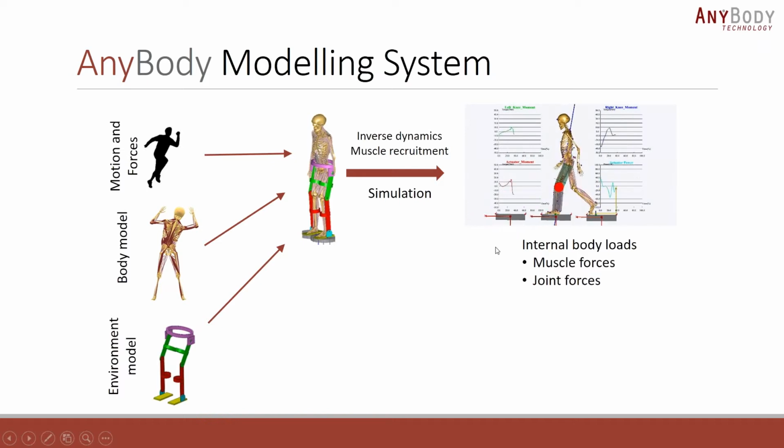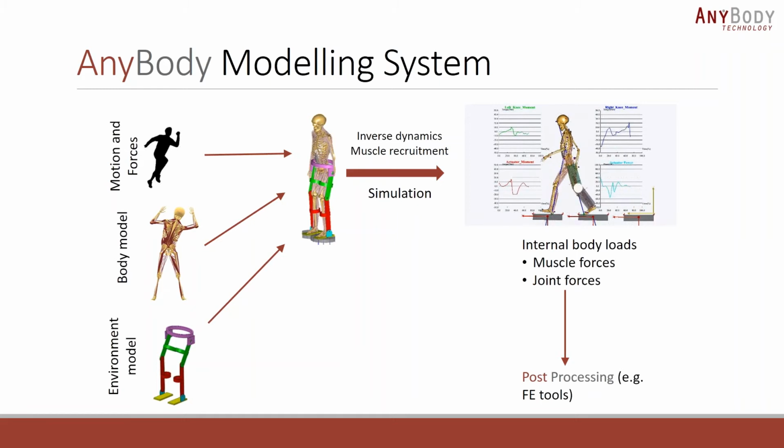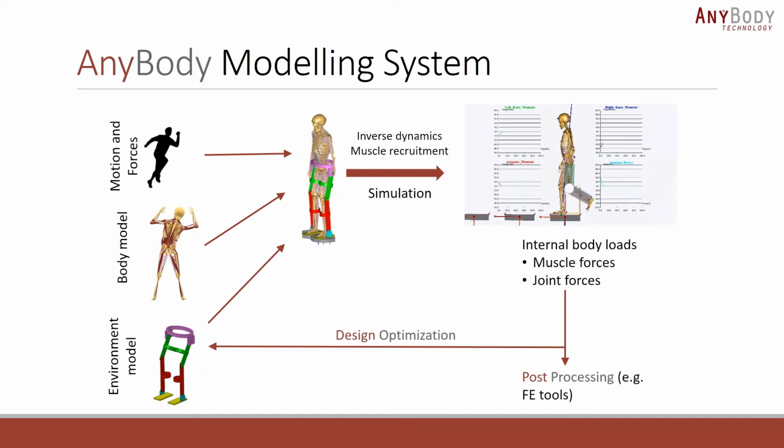In case this doesn't form your final end goal, you could go ahead and use some post-processing tools such as finite element tools, and AnyBody does have some plugins of sorts which can directly export your simulation data, the muscle forces on a bone, into an FE simulation that you would like to run. Or in case you're interested in optimizing the design of your environment, you could run these sort of iterative optimization studies within AnyBody as well.